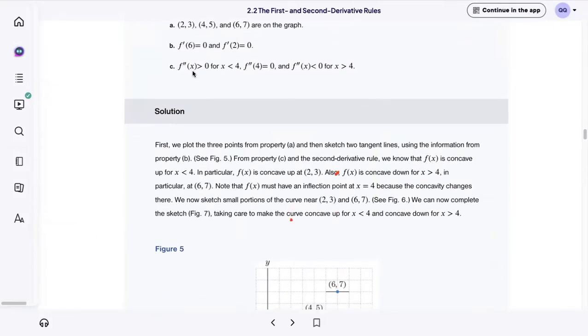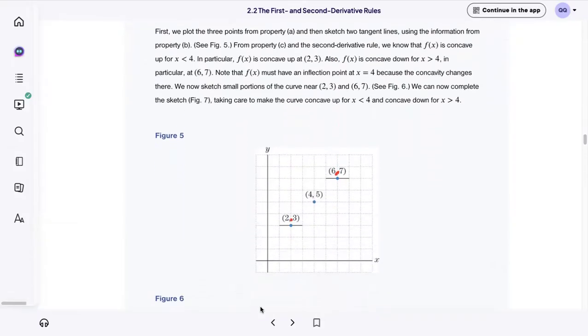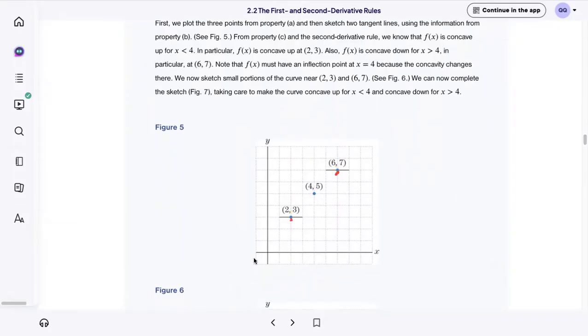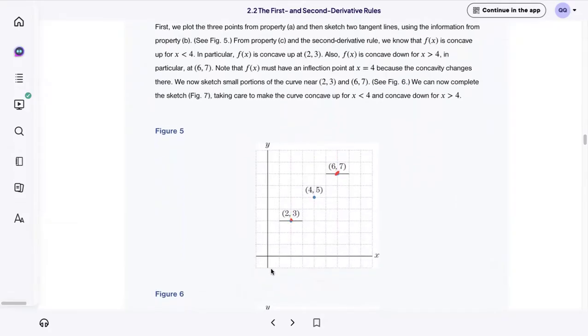Then the second derivative is concave up for x less than 4. So on the left-hand side it is concave up. We know the graph goes this way, concave up.